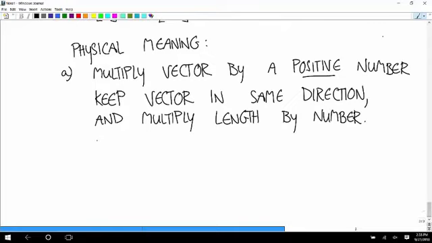Okay, so for example, if you're multiplying 2 times the vector, let's say the vector we want to multiply is this. And the way you do that is you keep the direction the same, and you multiply the length by 2, and then that will be the output vector.